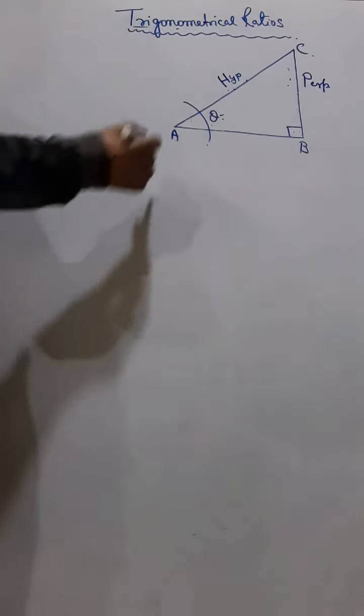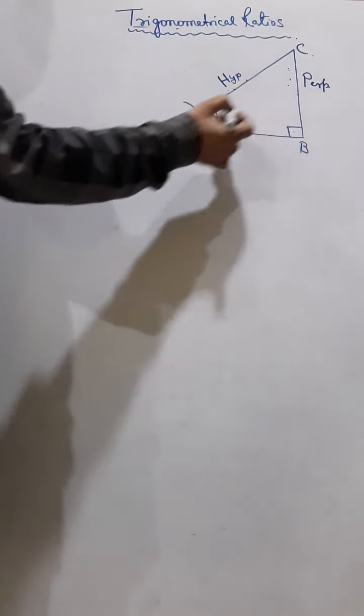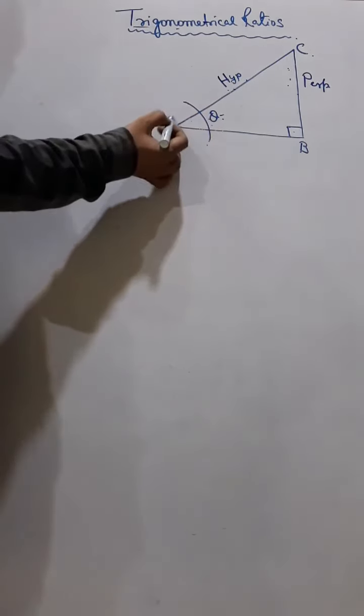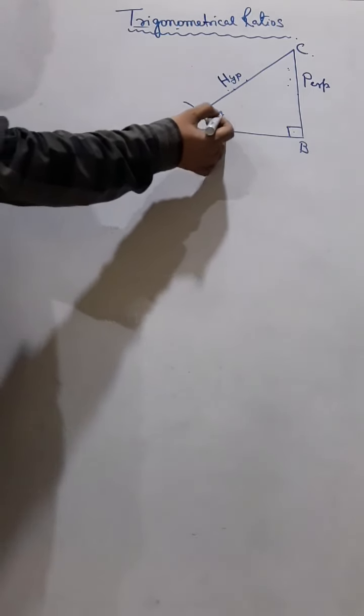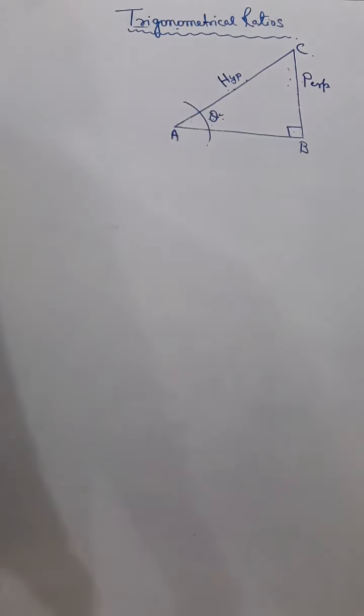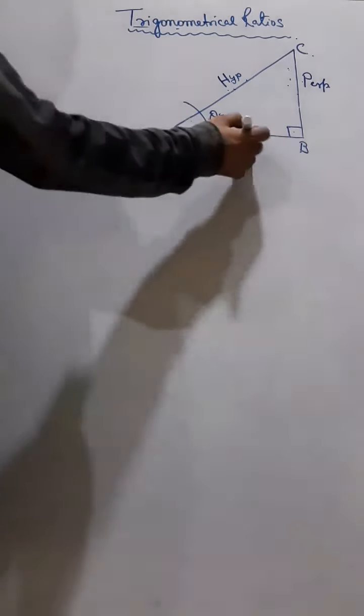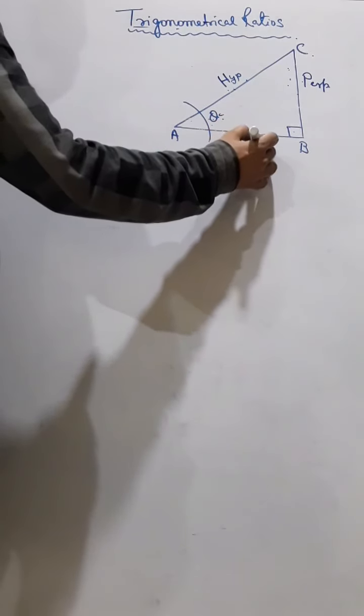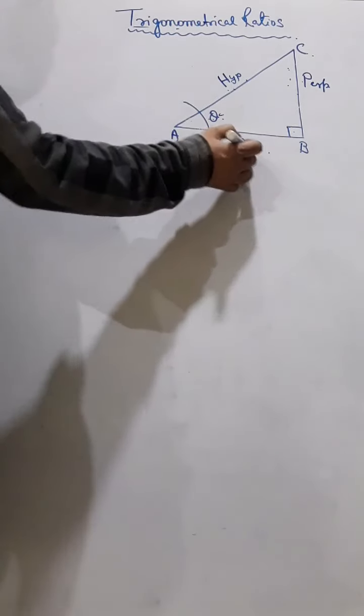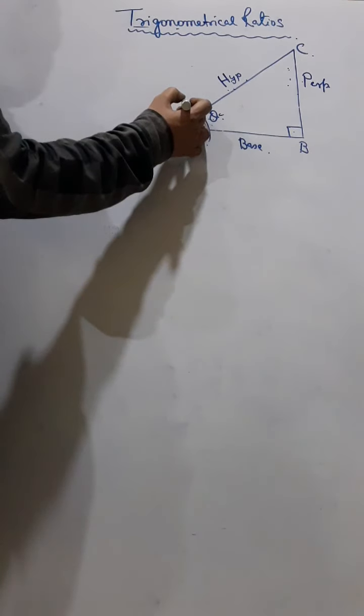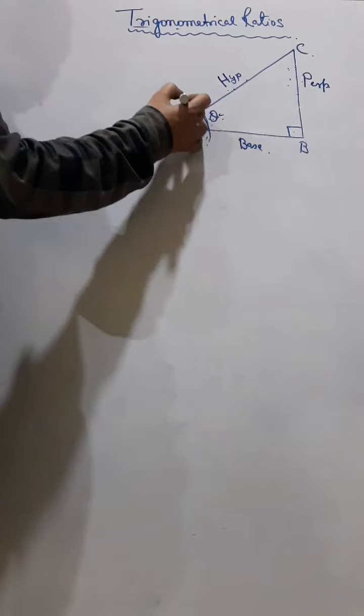Okay, so the side which is opposite to 90 degree is called hypotenuse. The side which is opposite to the reference angle, here the reference angle is angle A, we have taken as theta, the opposite is this perpendicular. And the third side that is left is base. That means base always lies on this angle.